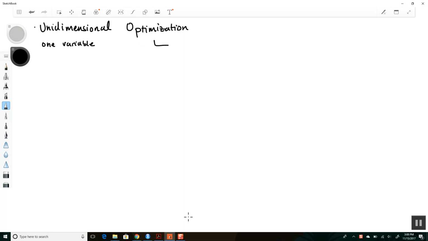And optimization just means finding a local min or local max, minima, or local max of some function, okay?